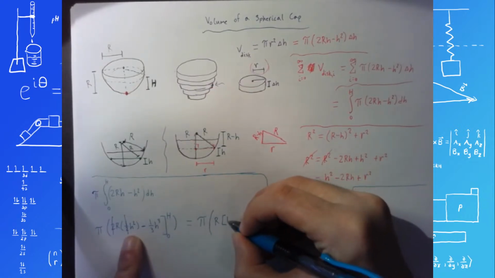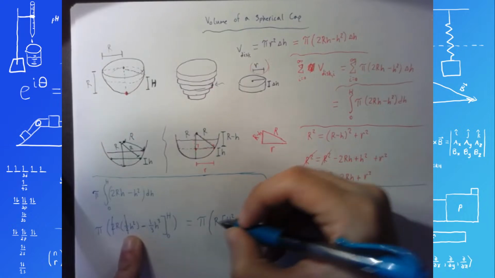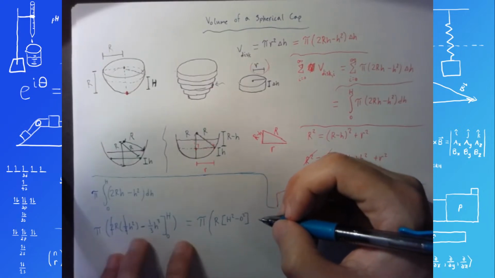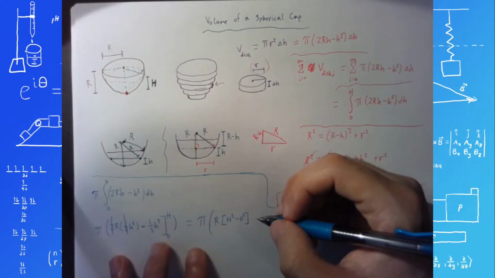So plugging in big H, I get big H squared. Plugging in 0, I get 0 squared. And the difference of the two is going to be my definite integral.